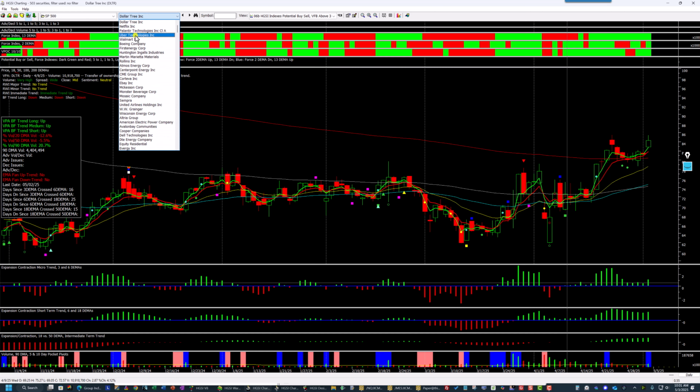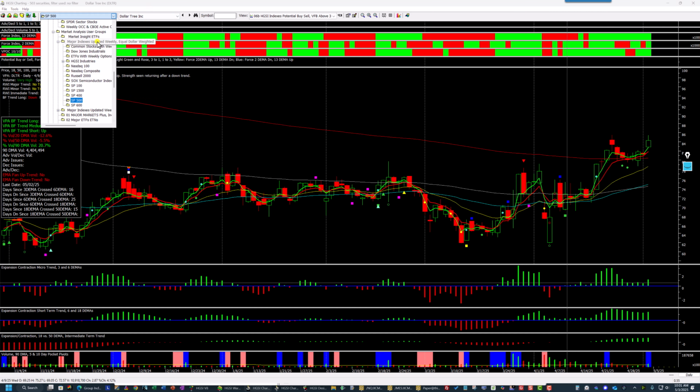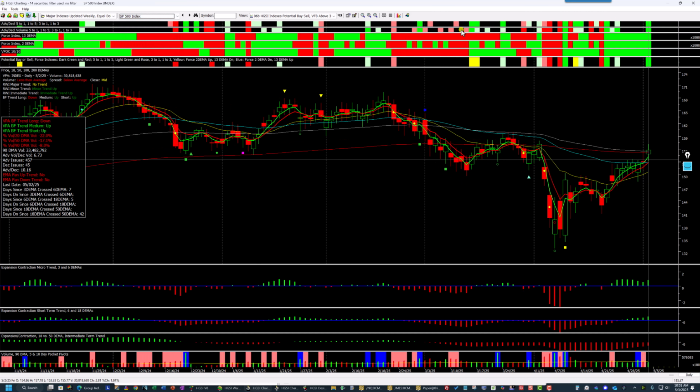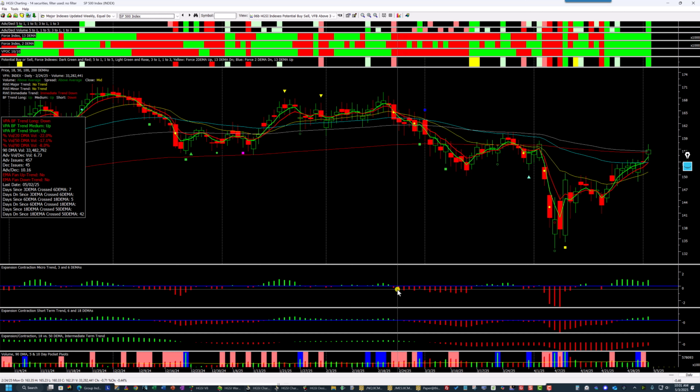And let me go back to the indexes. So with this buy and sell information up here based upon these indicators, we also see where the indexes stand as far as the 3 crossing the 6.